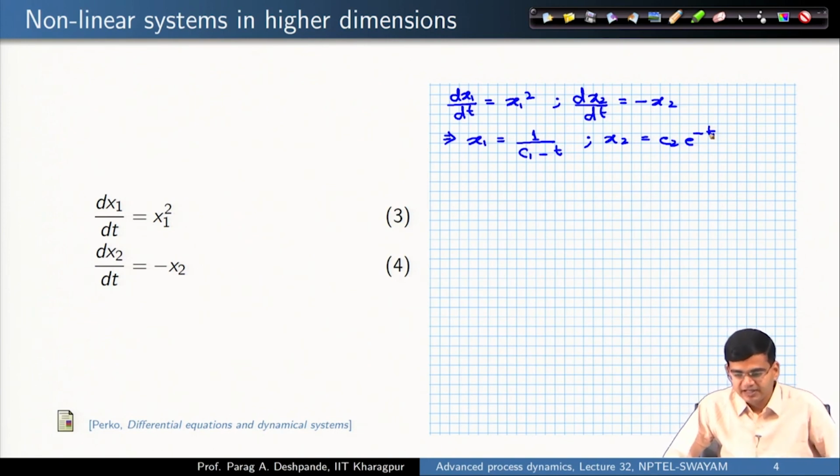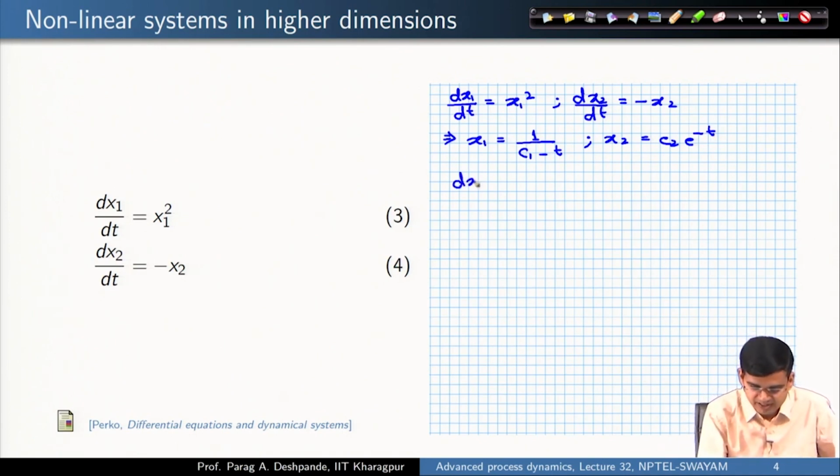Now, what would happen to the linearized form? The linearized form would be dx1/dt equals 0 and dx2/dt equals minus x2.